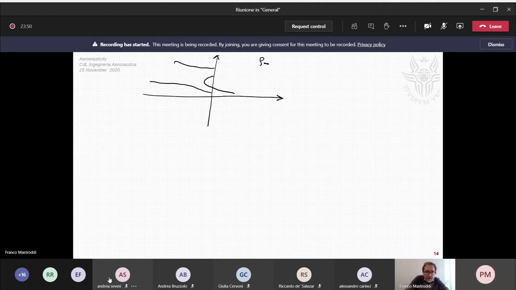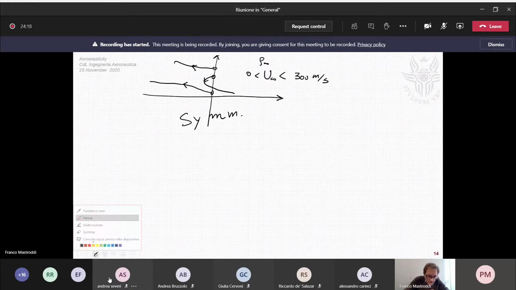So we had originally 3 modes of vibration, and here we have a symmetry of the root locus, and increasing the velocity from 0 up to a value, for example, 300 meters per second, we have these root locus scenarios, and therefore for this critical value of velocity we have a flutter.